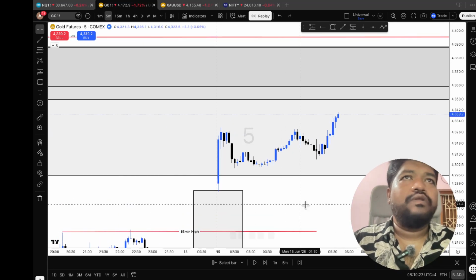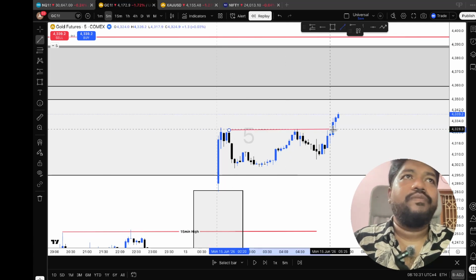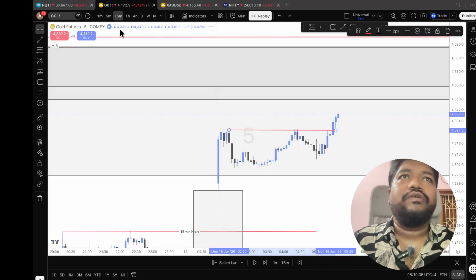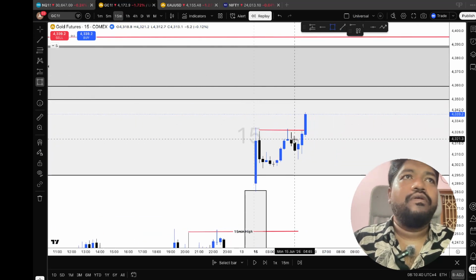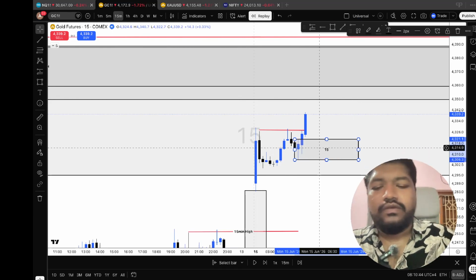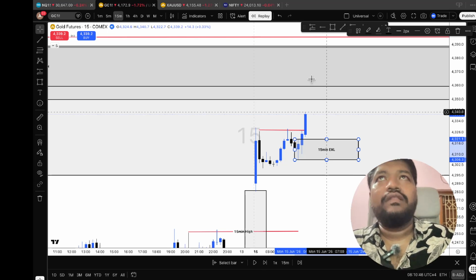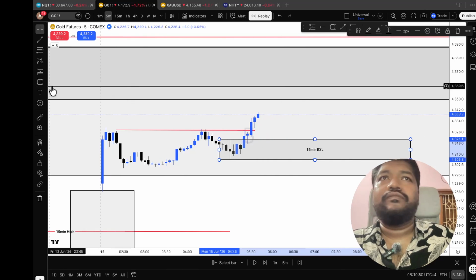Great. Now you can see that the 5-minute high, which is also a 15-minute high, is broken. Clear, guys? So what we have now is my external zone in the 15-minute as well as in the 5-minute. This is my 15-minute EXL and this is my 5-minute EXL.